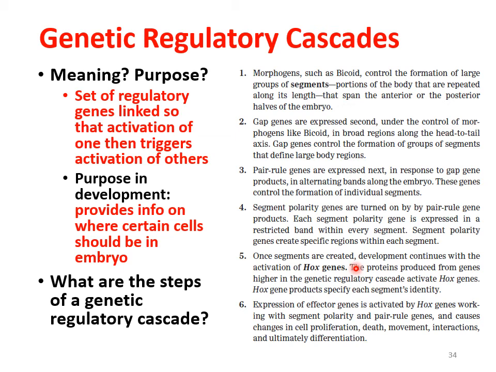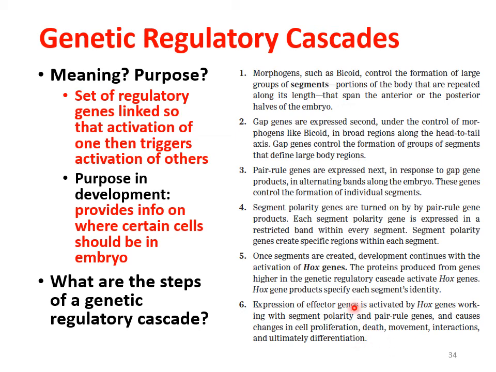And then lastly, you have the effector genes that are upregulated or activated through the Hox genes, and they will cause the ultimate developmental steps that we mentioned earlier, including cell proliferation, which is a fancy way of saying cell replication, ultimately cell death, which we know as apoptosis, and the various other steps that we talked about.